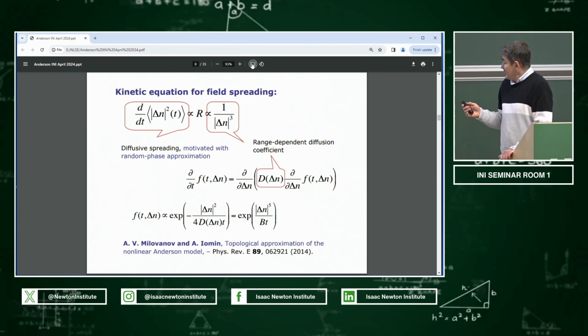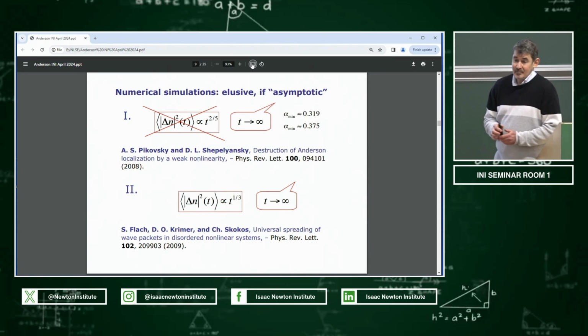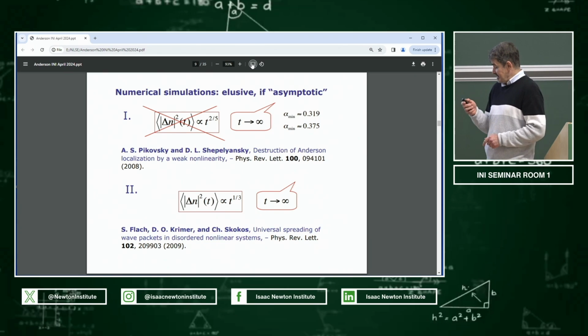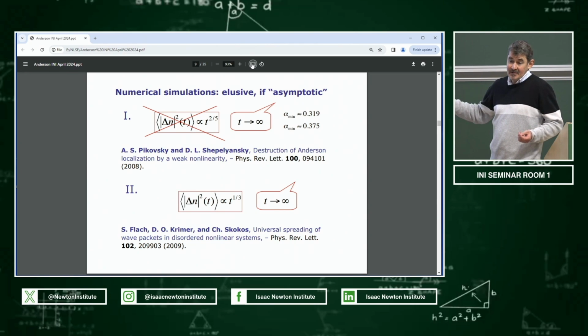There is only one problem, I think, about this theory, and this problem was noted already by Pikovsky and Shepelansky in the PRL. Simply, when they started to model this spreading, they found out that this 2/5 behavior is not reproduced in the numerical model. They had a rather accurate numerical simulation.